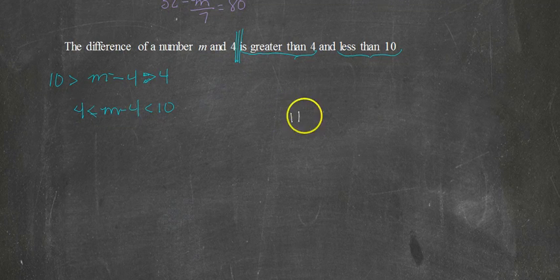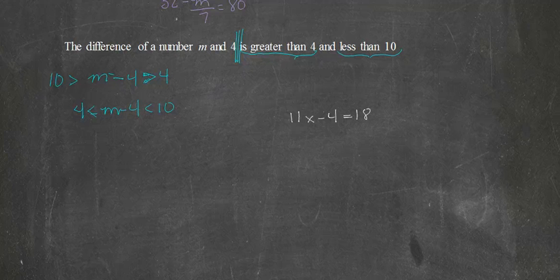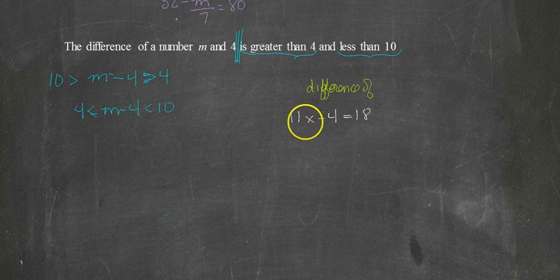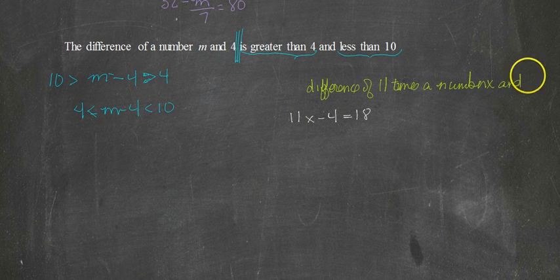So we have 11x minus 4 equals 18. Well, all this is an equation, right? We could actually write a number sentence to go with this. If I saw this, I would say, well, difference, because it's subtraction, of this 11 times a number x, and 4 is 18.